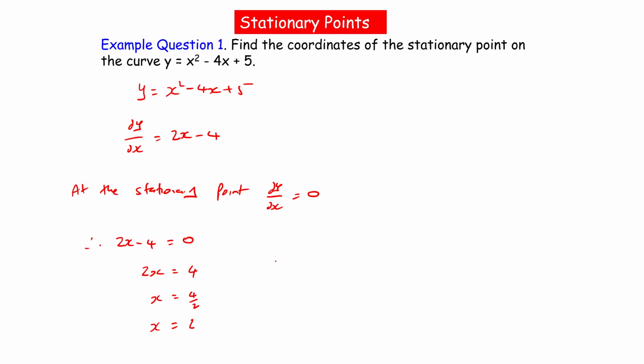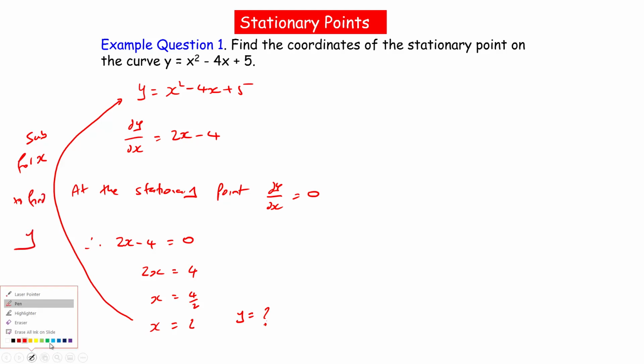How do I find my y coordinate? Well, to find a y coordinate, you sub for x back in the original equation. Find y. So we've got y is equal to x squared minus 4x plus 5.